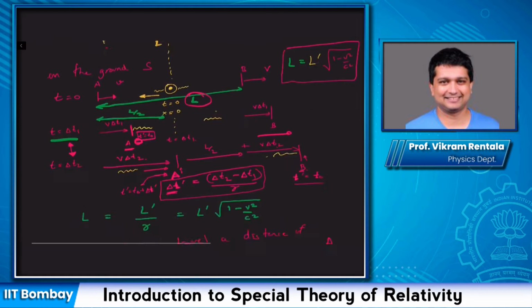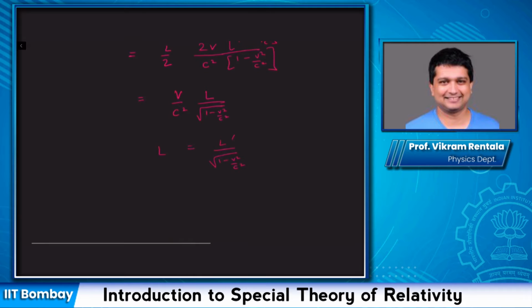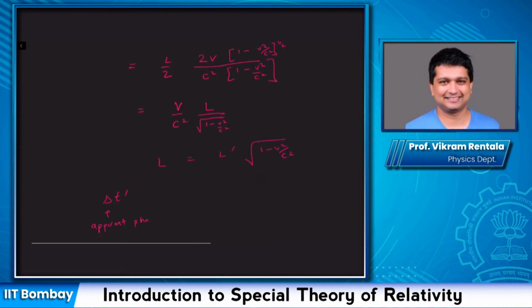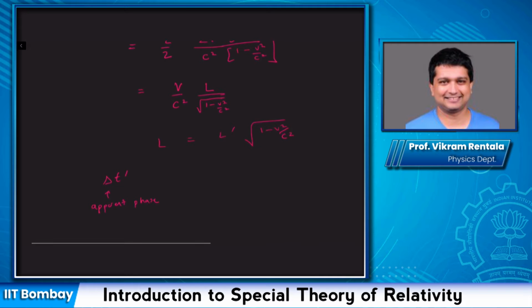So if you plug this in over here, we have L is L prime into the square root of 1 minus v square by c square. And therefore, the apparent phase delay between the clocks A and B would just be v over c square times L prime.